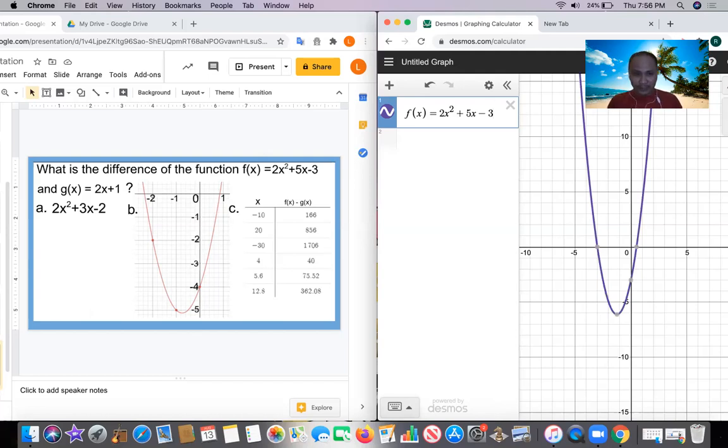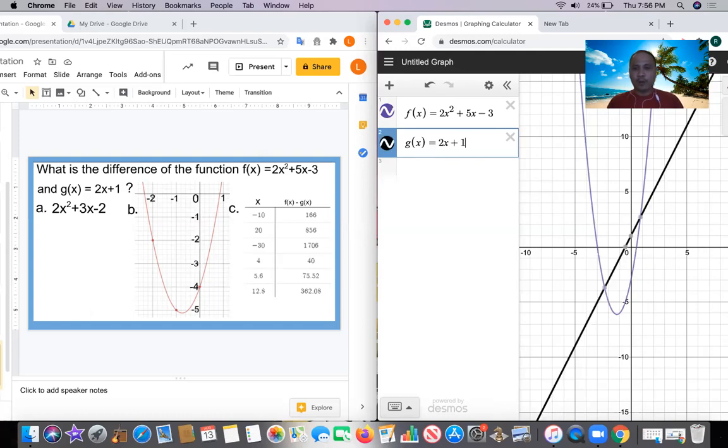That is f of x. But we have two functions. The second function is here. What is the second function? g of x equals 2x plus 1. That is the second function.